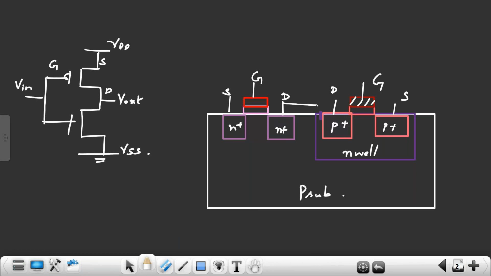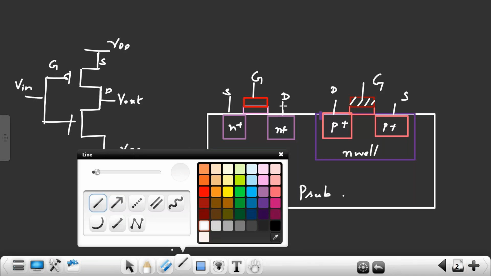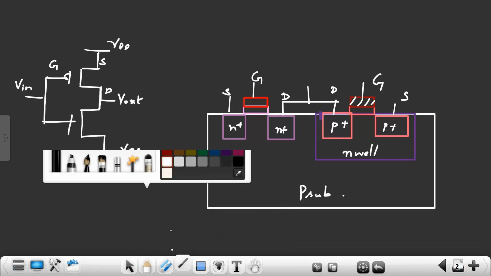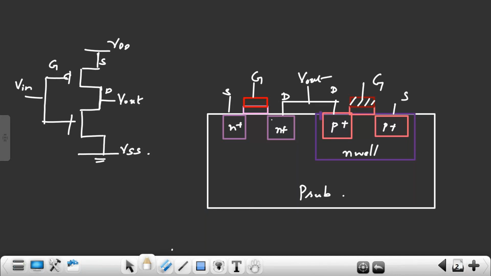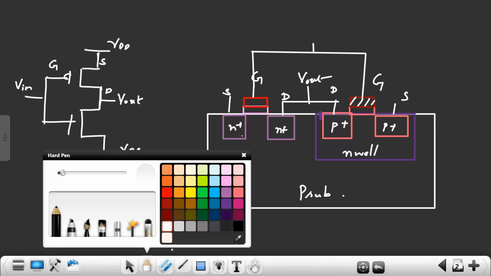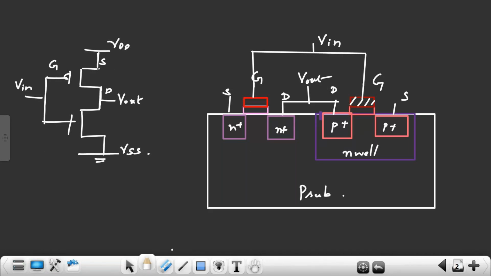Here drain and drain are shorted, and this is your V out. Similarly, gate and gate are shorted, and this is your V in. The source of your PMOS connects to VDD, and the source of your NMOS connects to VSS or ground. So this is your CMOS structure.